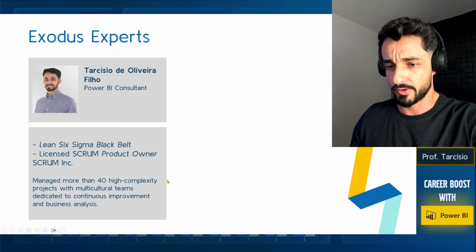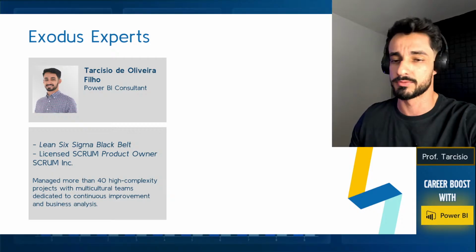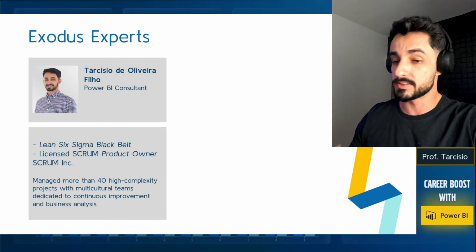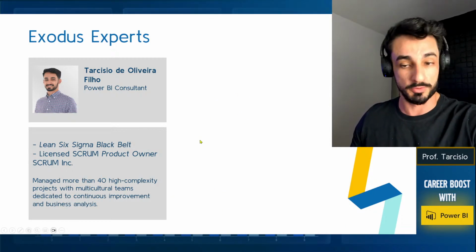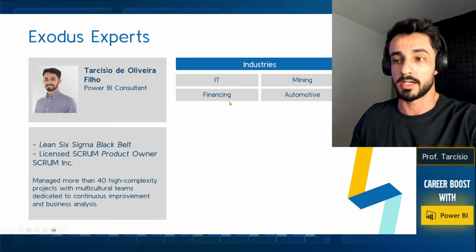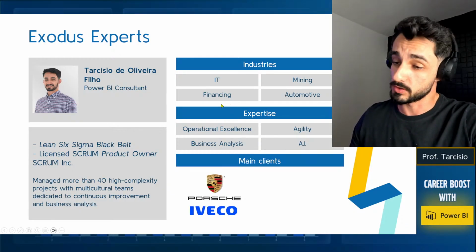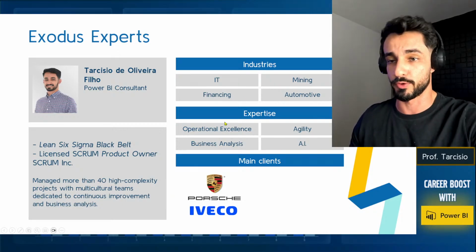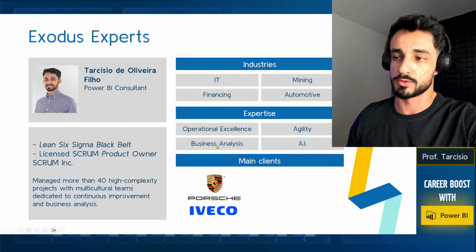And I have been working for 4 or 5 years with Power BI, and I have extensive experience with data analysis in general, especially supply chain and in continuous improvement overall. Okay, I have this background related to IT, mining, finance, not automotive, and nowadays I focus only on automotive clients. Okay, I still offer consulting services, and nowadays I just focus on automotive.